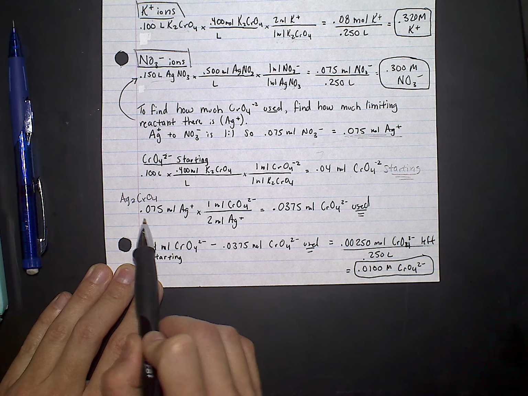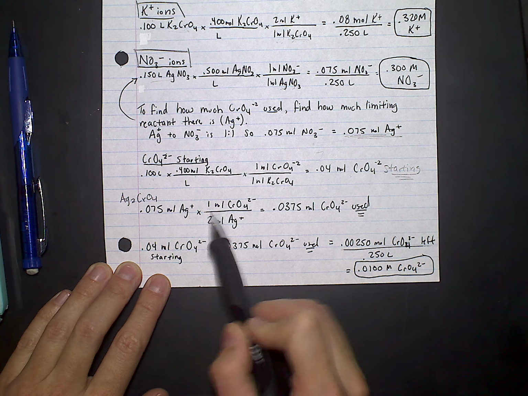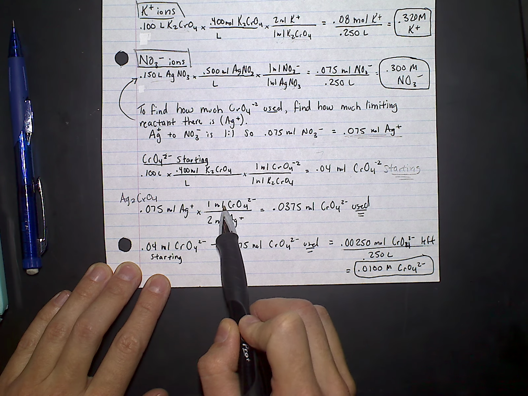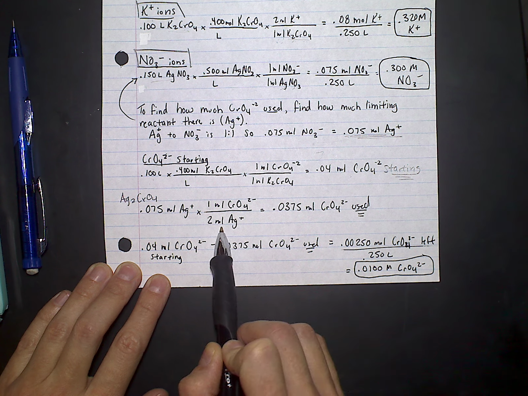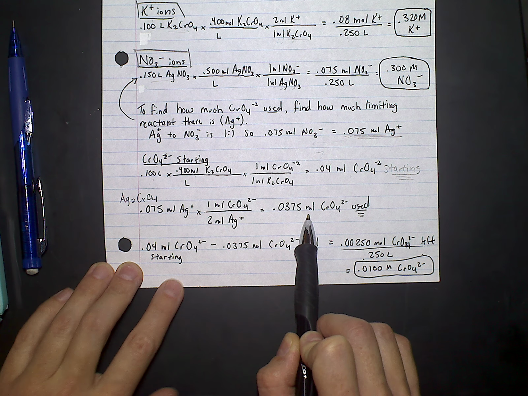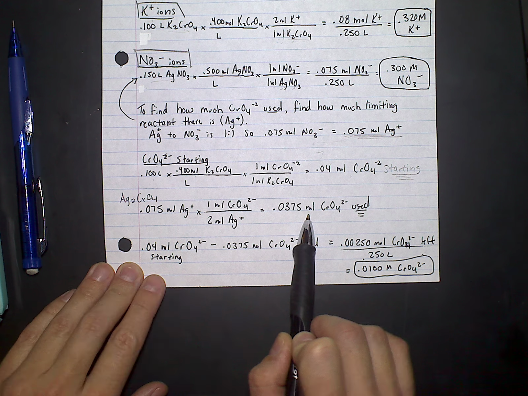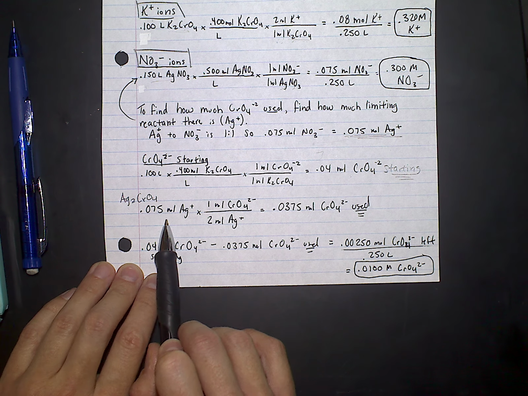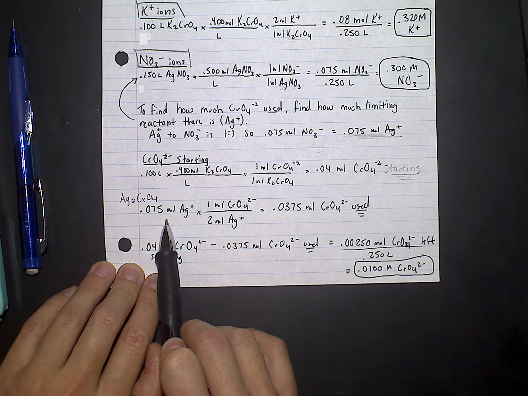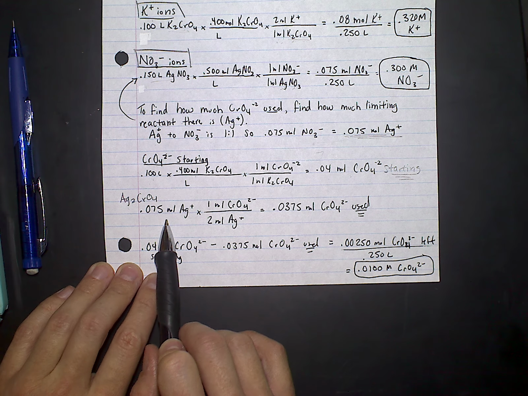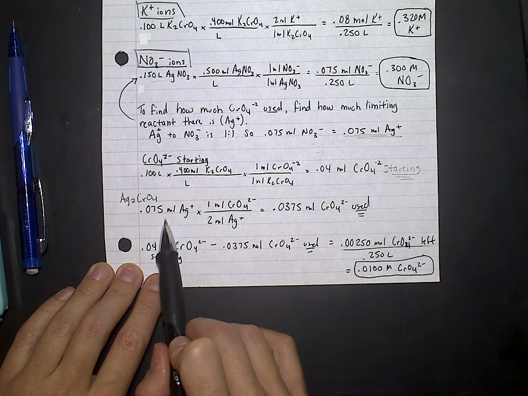So I take however much of the silver I have to start with, multiply by the ratio of the 2 parts of that compound, and I figure out how much CrO4 was used to react with that much silver. Questions? Okay, so now I know how much was used to react with the silver.